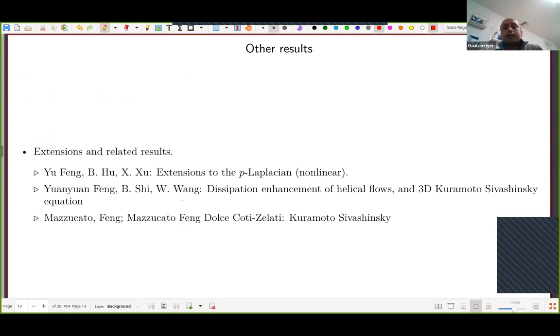And then of course, Anna has a bunch of work, in fact two papers, on using dissipation enhancement to stop blow up of the Keller-Segel equation. And of course, there are different issues that go there, but maybe we'll hear about them later in this conference.